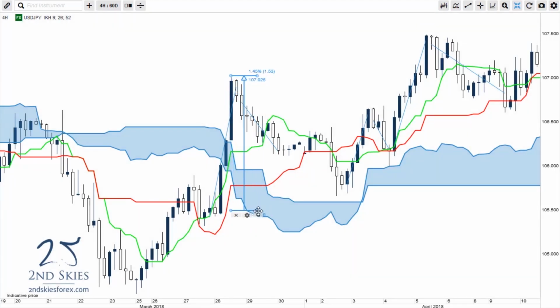What is that? 107 to like 105 and a quarter. And so it's actually pretty close to a 50% pullback. I consider a V calc to be anything that is 50% or greater, in my determination.